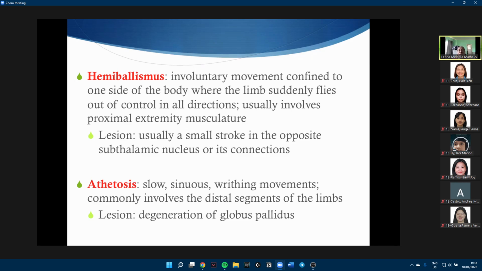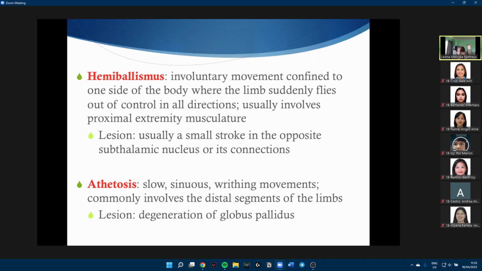It usually is due to a small stroke in the opposite subthalamic nucleus or its connections. Ibig sabihin, kung ang lumilipad na extremity is the right, then the lesion is in the left subthalamic nucleus.